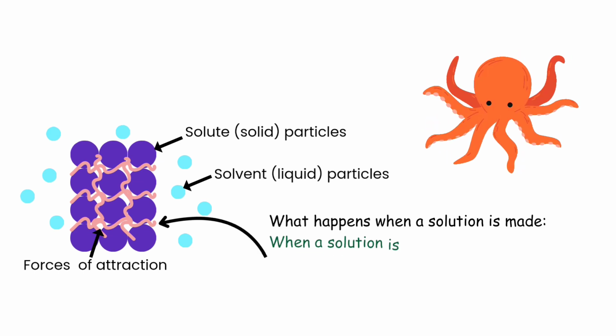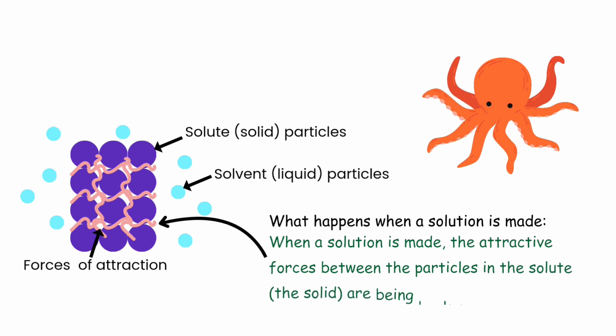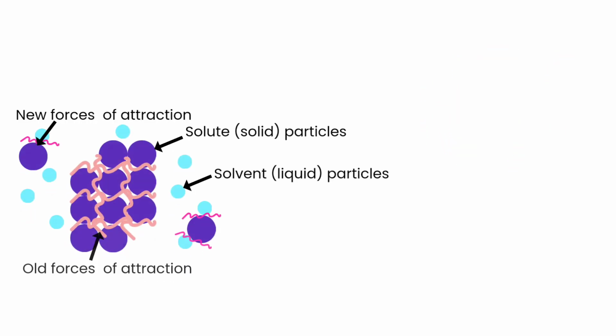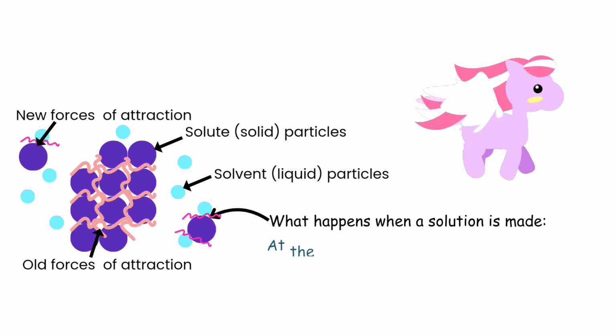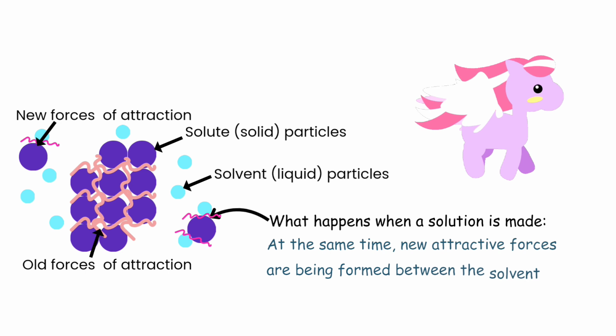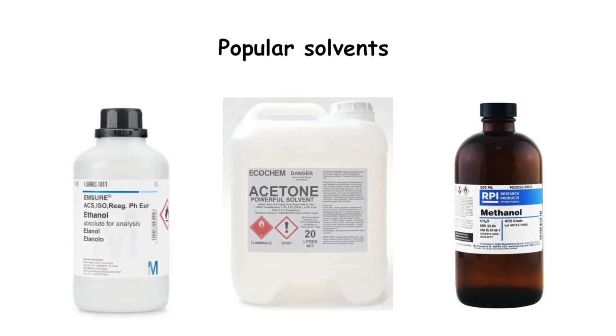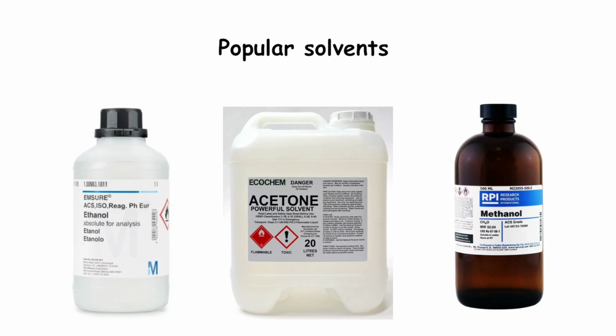When a solution is made, the attractive forces between the particles in the solute, that's the solid, are broken. At the same time, new attractive forces are being formed between the solvent particles and the solute particles. We often talk about water as a solvent, but there are other popular solvents such as ethanol, methanol, acetone, and many more.